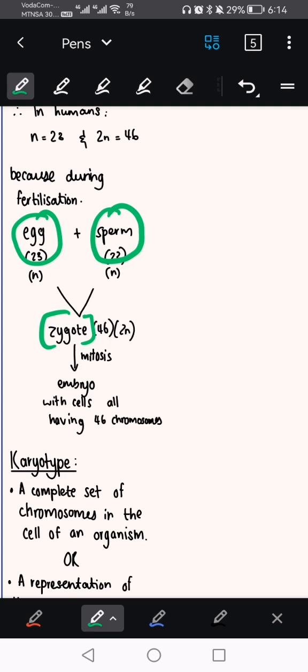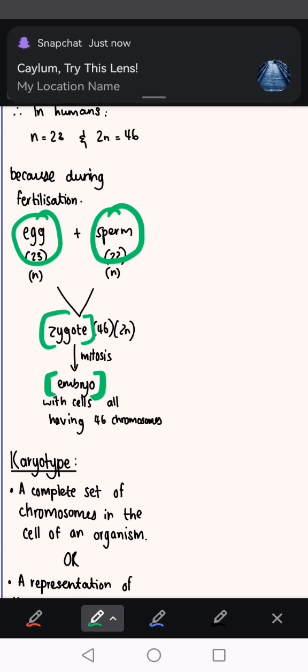Then that zygote is going to undergo mitosis. And the reason it undergoes mitosis is because we don't want any more reduction division. We don't want a halving effect. We want a doubling effect because we want that zygote to grow. So in order for it to grow, it needs to make more. With all of this mitosis, it forms an embryo with a lot of cells having 46 chromosomes. From that is how you grow.